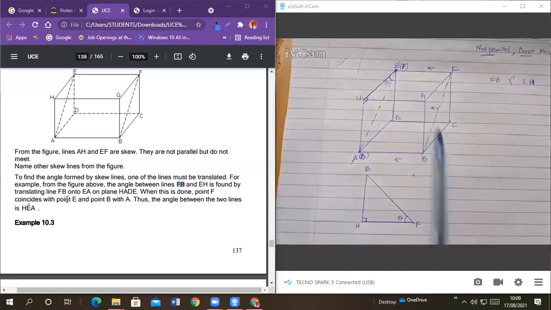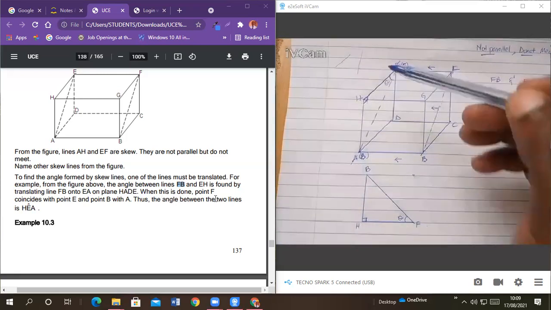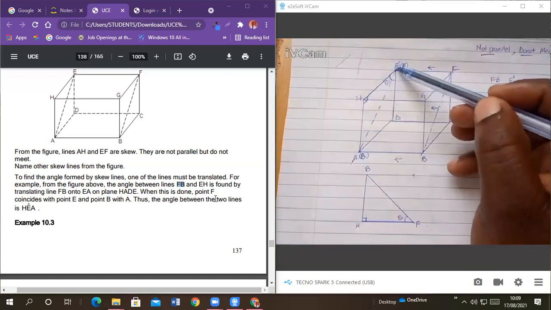And point B coincides with A. Thus the angle between the two lines becomes this one, HEA.